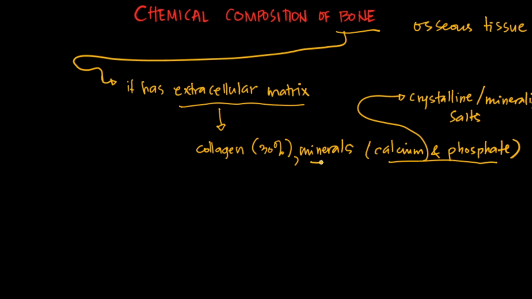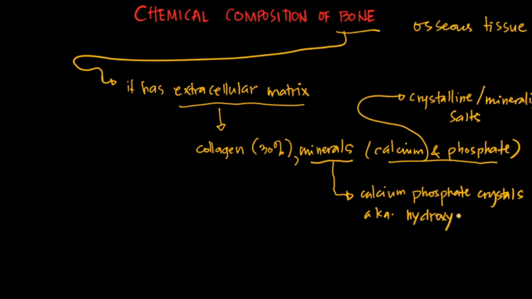The minerals, as one of the common components of your extracellular matrix, are mostly in the form of calcium phosphate crystals, also known as hydroxyapatite crystals.